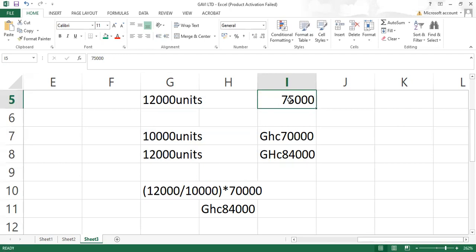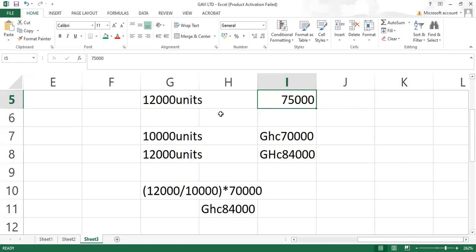But how much did we incur? 75,000. What is happening? You have made a gain. We have saved a cost of what? 9,000. So that 9,000 we report as favorable.